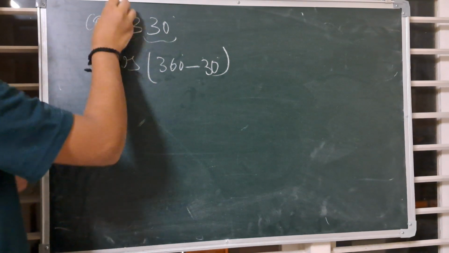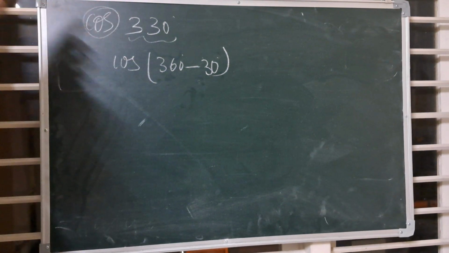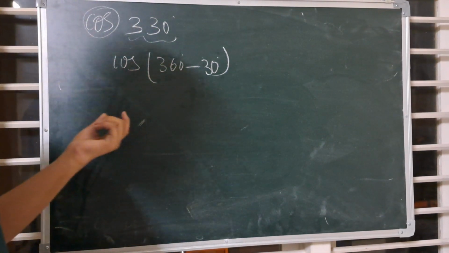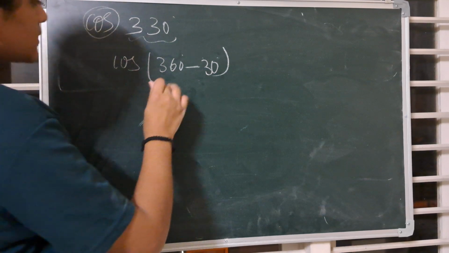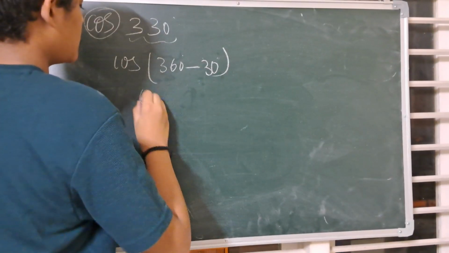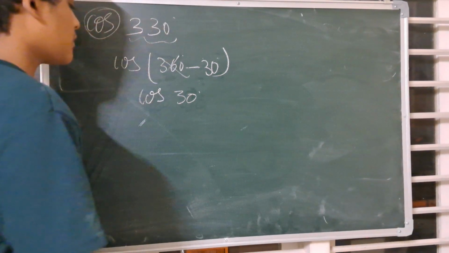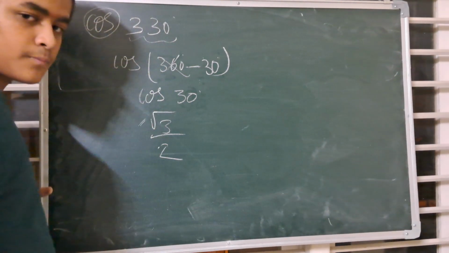In the answer we'll check the question for what trigonometric ratio we have in the question. For that we'll apply the ASTC rule. That is, sine means sine convention. So now we can write this as 360 minus theta. Now cos 30, we ignore this 360. So cos 30 value is root 3 by 2.